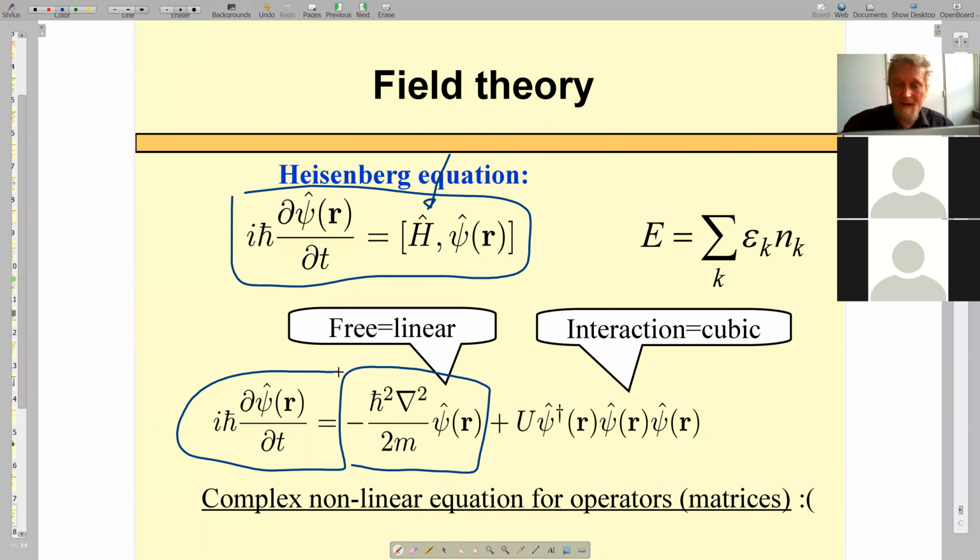If we look at the contribution from the interaction term, we find a term which looks not that complex. It's just a cubic term. But that immediately makes the equation nonlinear. Right, it is an equation for an operator rather than a number.